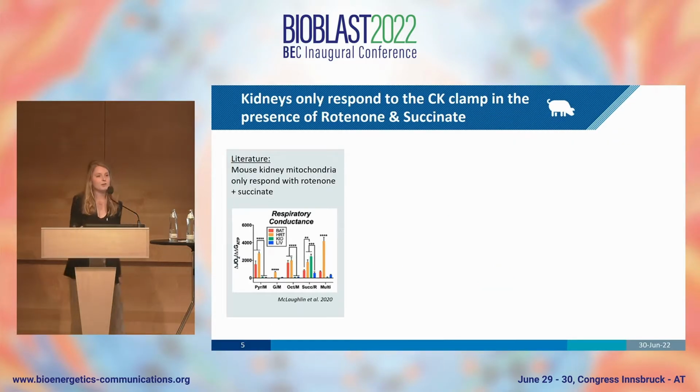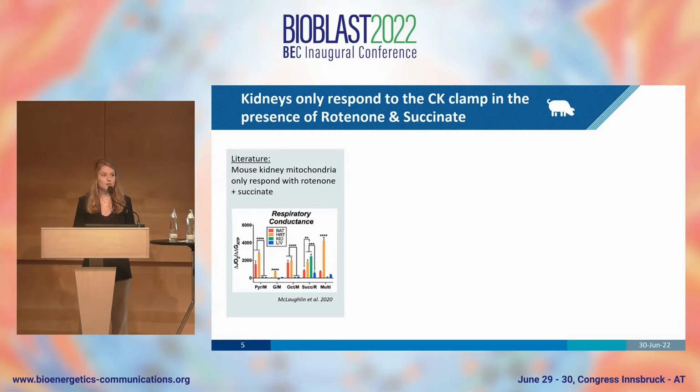We were interested in these findings, but we wanted to validate this in porcine kidneys as well, because we know from previous experiments that there are quite some interspecies differences in metabolic function as well as susceptibility. So we performed similar experiments with kidneys from abattoir pigs.